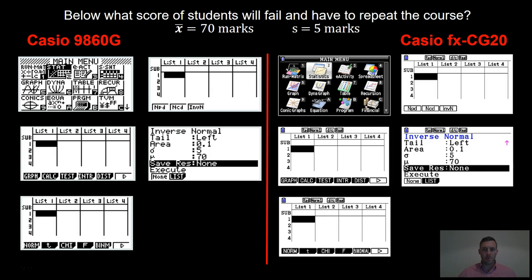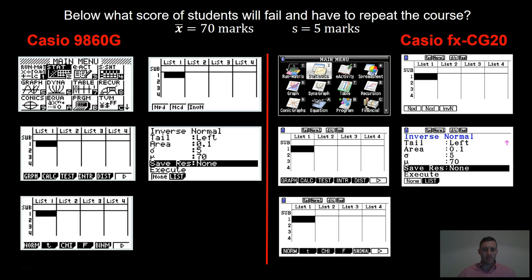And then we get our list where we enter our data values. Because we're looking at the fails first, we're looking at scores left of the mean, and therefore we're in the left tail of the normal distribution. The area is 0.1, which is the probability someone might fail.